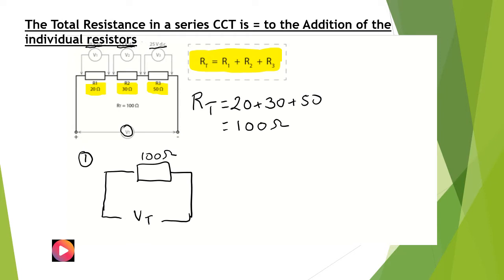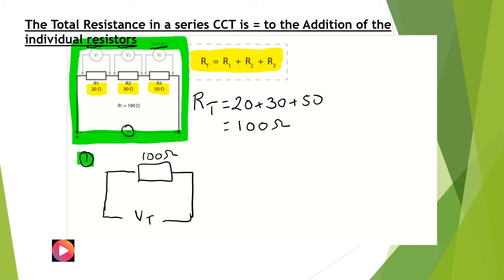So from an electrical point of view, this circuit here is exactly the same as the circuit above here. Electrically, they look exactly the same to the supply, and this is how we simplify multiple resistive circuits.